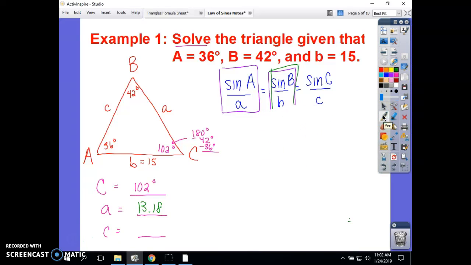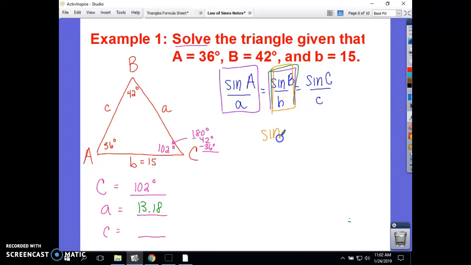So same thing again, but the difference is we're still going to use sine b over b, so we're going to start with the same fraction, so sine 42 over 15, but this time we're looking for c, so we're going to use sine c. So we're going to do sine, and then big C is 102 degrees, so we're going to do sine of 102 degrees divided by little c, which we're solving for.